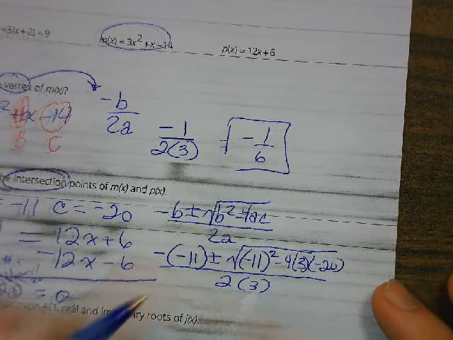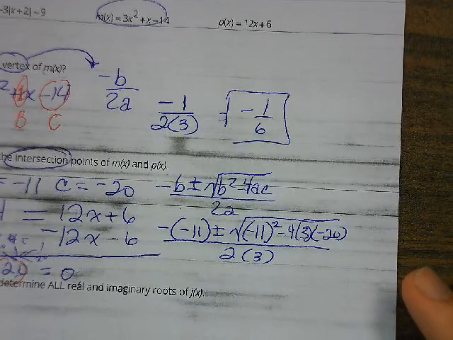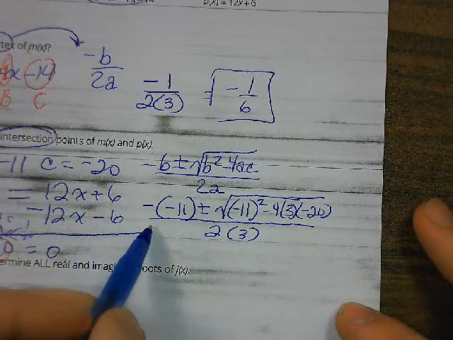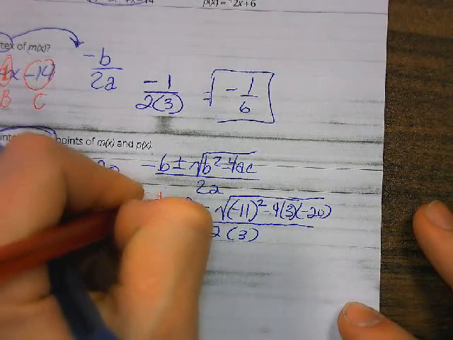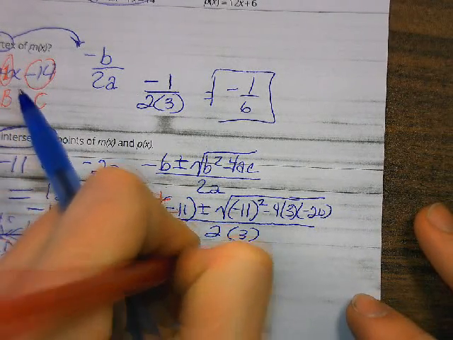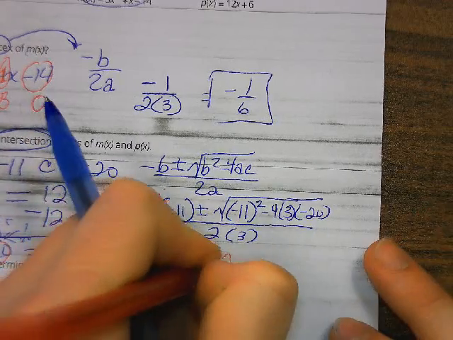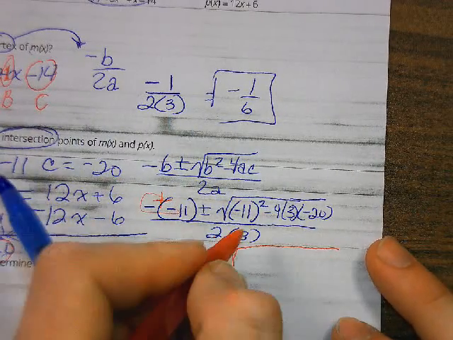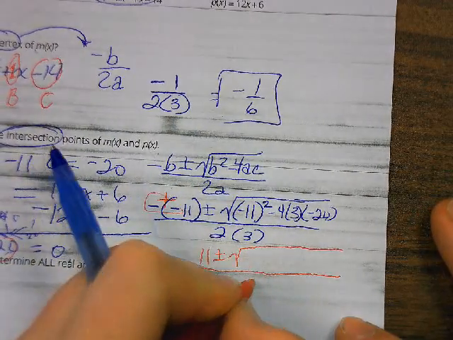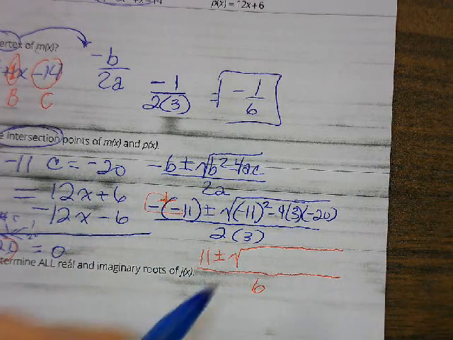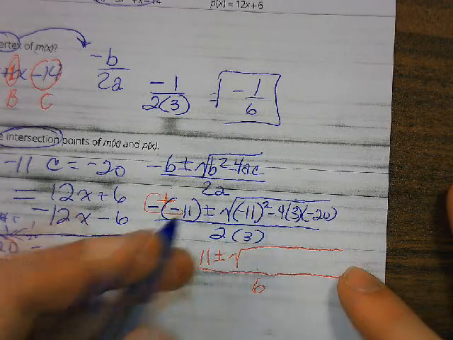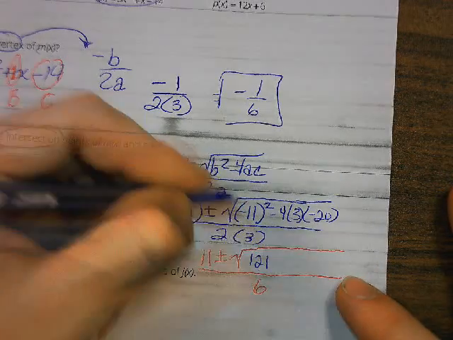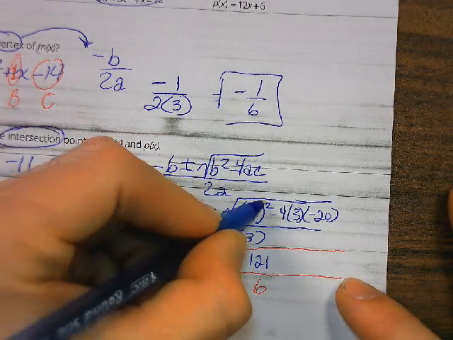Okay. So let's take a look and see how we can simplify this. A negative and a negative will give us a positive. So this is going to be 11 plus or minus, and then here on the bottom, 2 times 3 is just 6. Okay. So let's see what we can do here. 11 times 11 is 121, and this is a negative that's squared, so a negative times a negative will give you a positive.